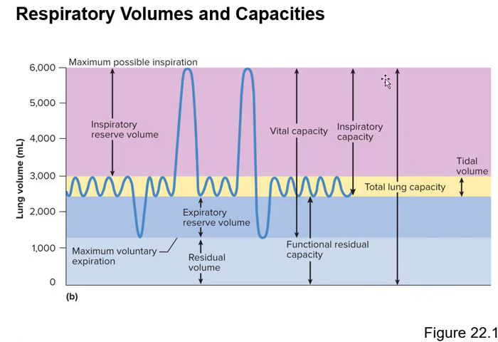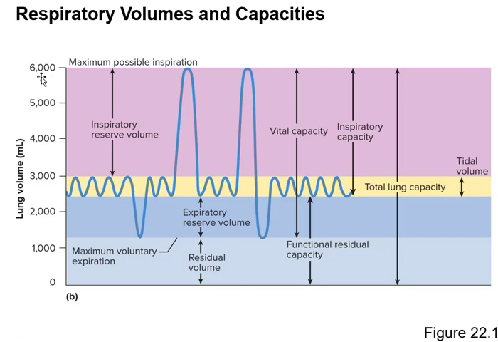Now, from here to here is your total lung capacity. So from completely empty to as full as you can get it without actually damaging the lungs is your total lung capacity. And that's around 6 liters. Now, obviously, for a little kid, this is going to be different.